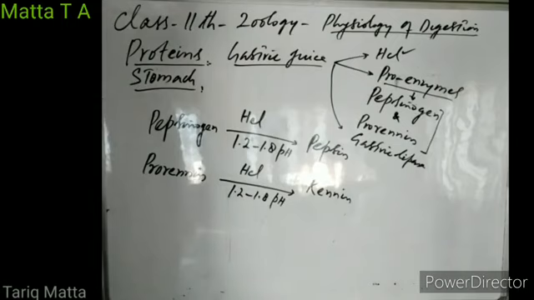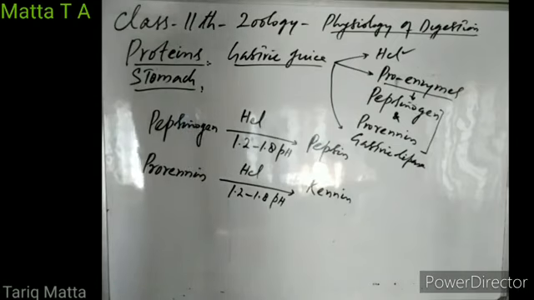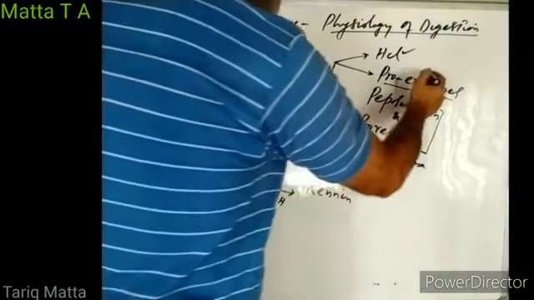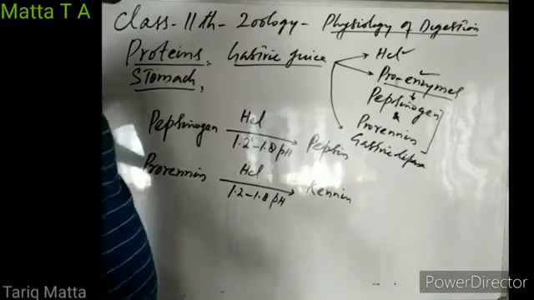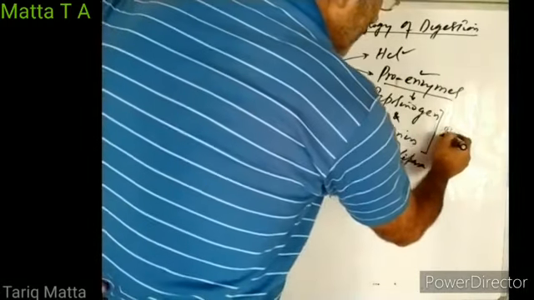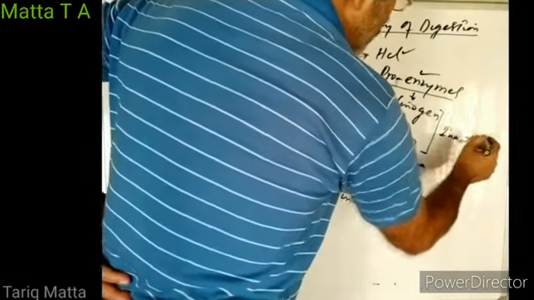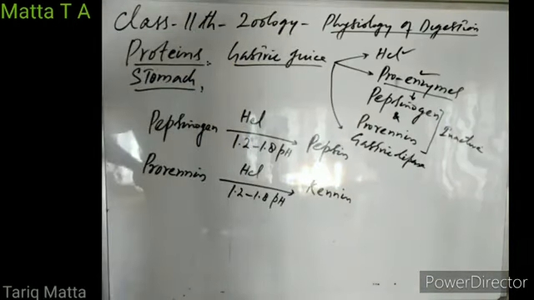So when we consume proteins, gastric juice is released. Gastric juice contains some enzymes in it, but those enzymes are in inactive form. Those inactive enzymes are known as proenzymes. So first of all, we need to activate these proenzymes. How are these proenzymes activated in our stomach?